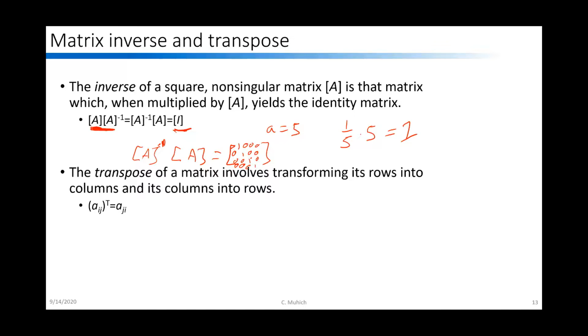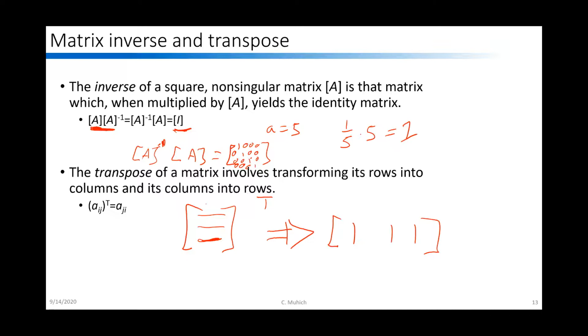The other type of operation that we want to talk about is the transpose of a matrix. So this is where I take, say, a 3-row matrix. When I transpose it, I essentially switch all the rows and the columns, so it ends up going sideways.